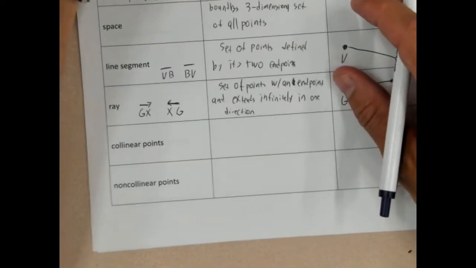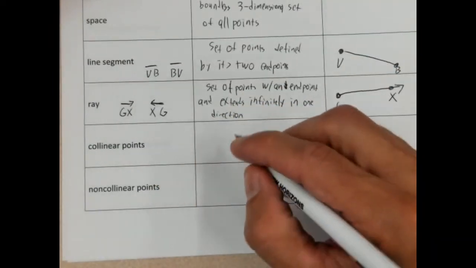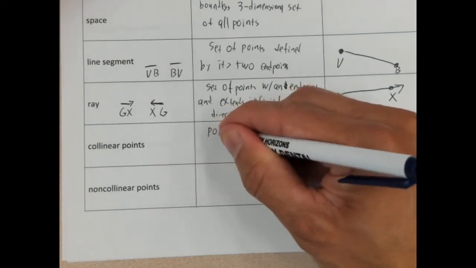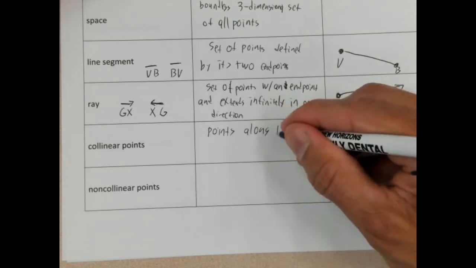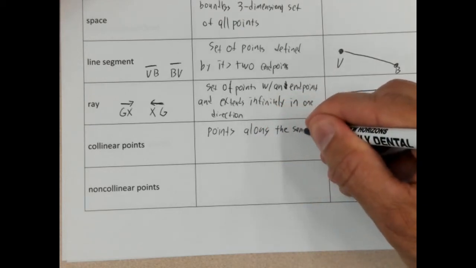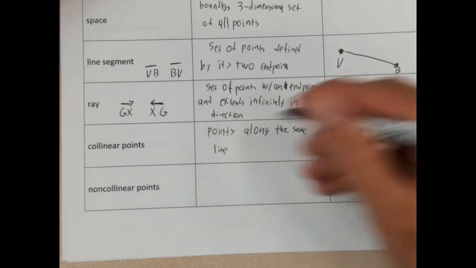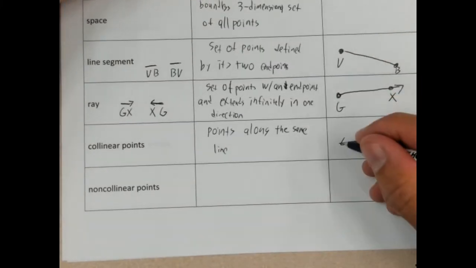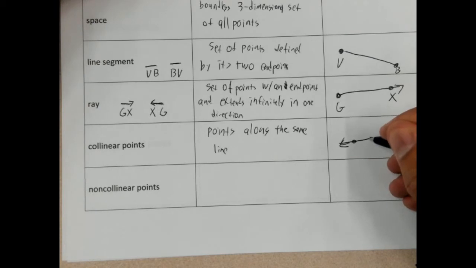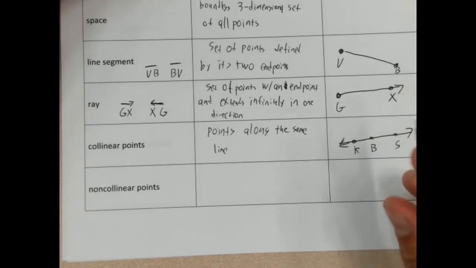Okay, collinear points. We already kind of alluded to it. Just points that are all on the same line. An example of that would be something like this. Let's say we had K, B, and S. These three points would be considered collinear.